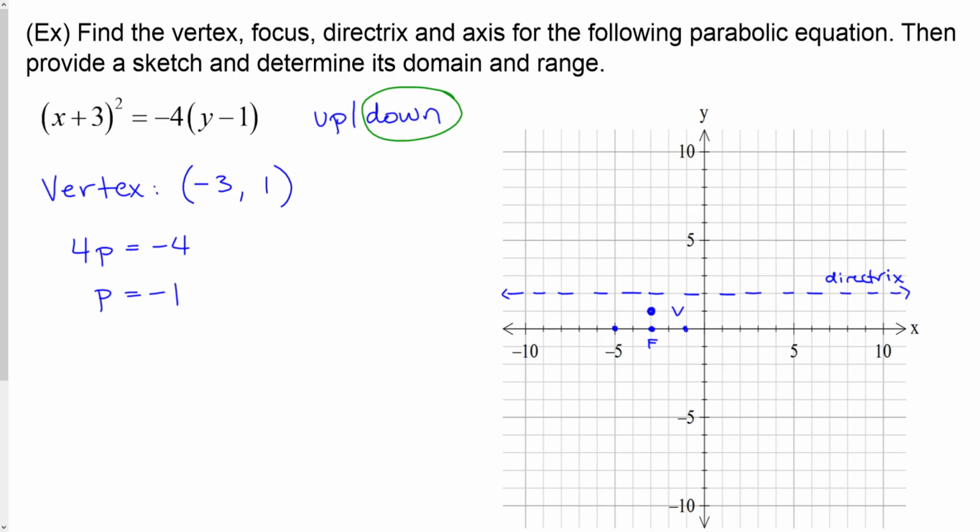And I can use that to get a pretty decent sketch of my parabola at this point. So I know how wide it is. I know the direction that it's opening, where the focus and the directrix are, all of that stuff. I haven't labeled where these things are, but it's just fine to go ahead and start labeling those.